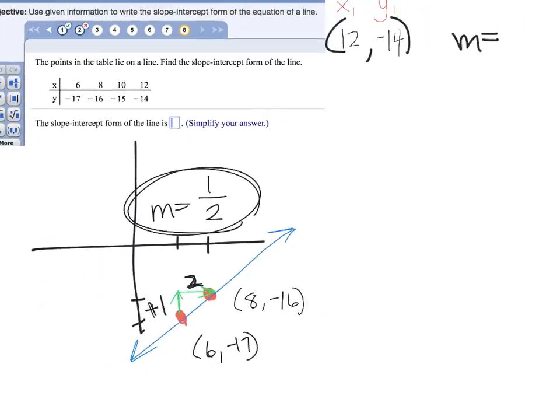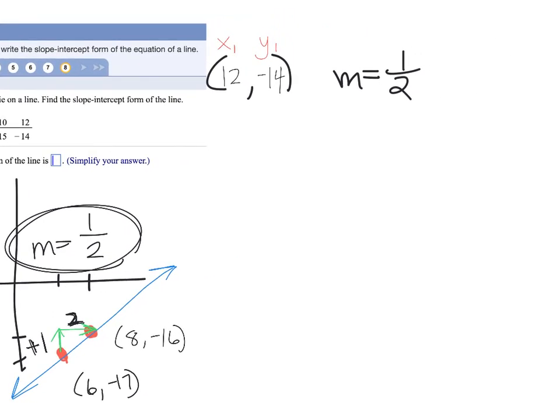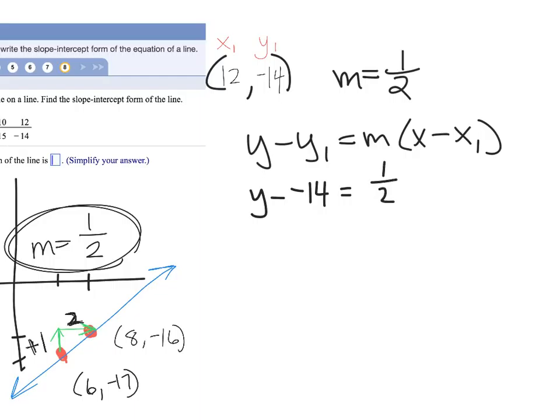So now that we know our slope, we can write that in right here. And we are now officially ready and prepared to do our y minus y1 equals m times x minus x1. All right, so let's start substituting. So what do we get? We end up with y minus negative 14 equals 1/2 times x minus 12.